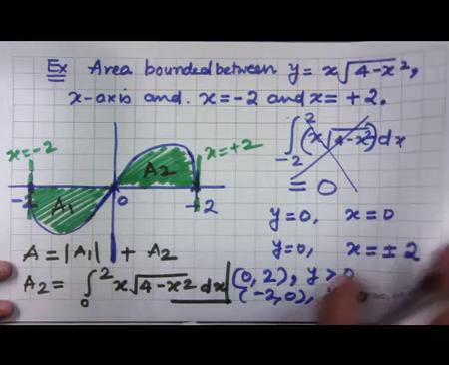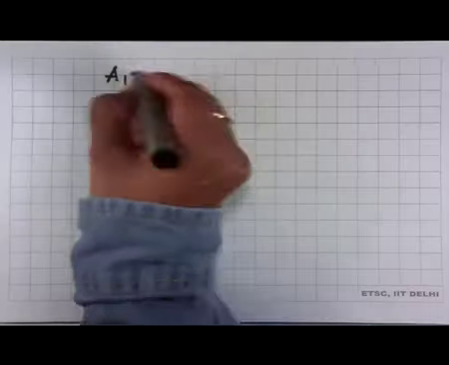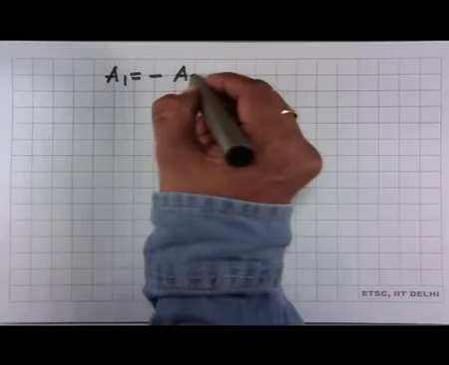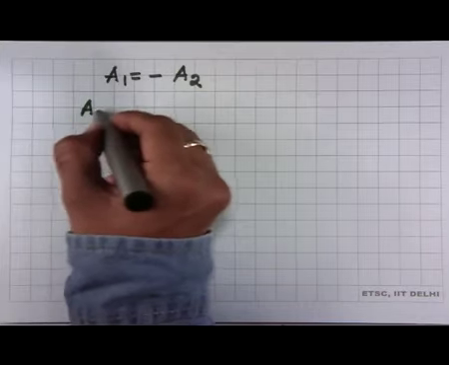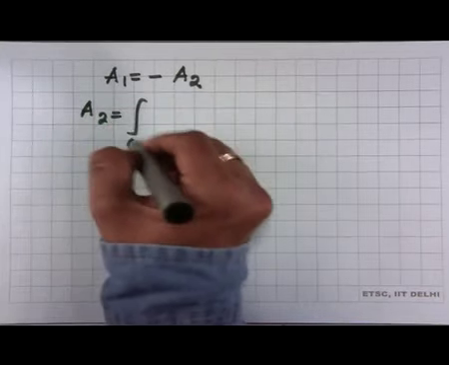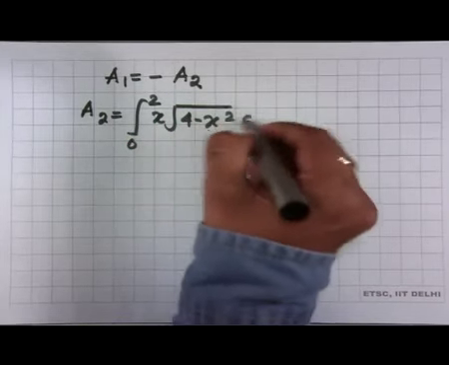So A1 will be minus of A2, and A2 is integral 0 to 2 of x under root 4 minus x square dx.